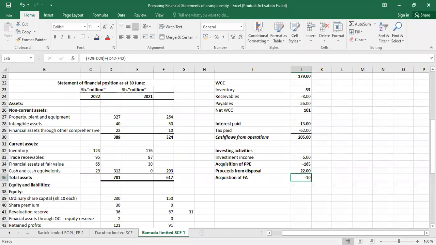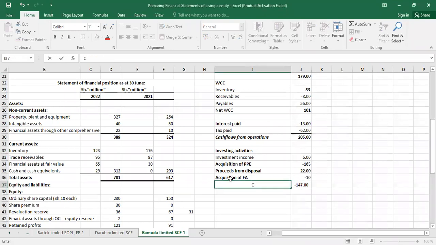Isn't it? And I think we finished everything here. So I'll do alt equals. There's no other investing activity. Control alt. Isn't it? The chart. Okay. So this one is cash flows from investing, isn't it?